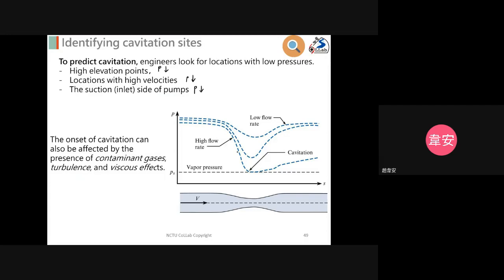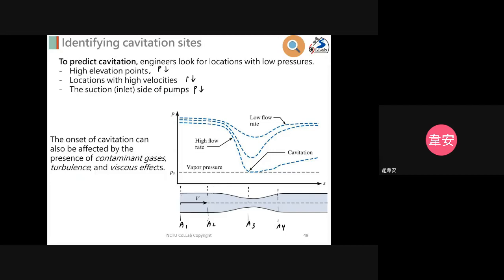Okay, so this is a cartoon figure showing a venturi. Along the venturi, different cross-section areas will have different speeds. You can see this is A1 and A2, and then maybe this is A3, and this is A4.